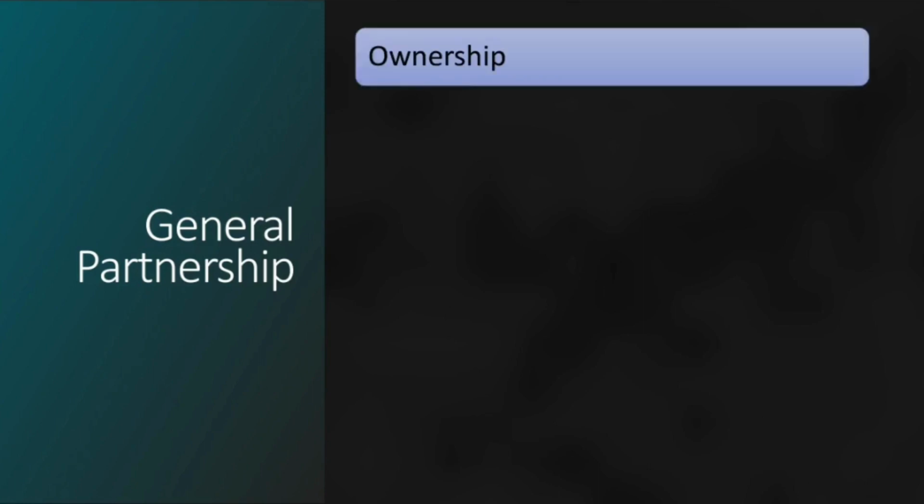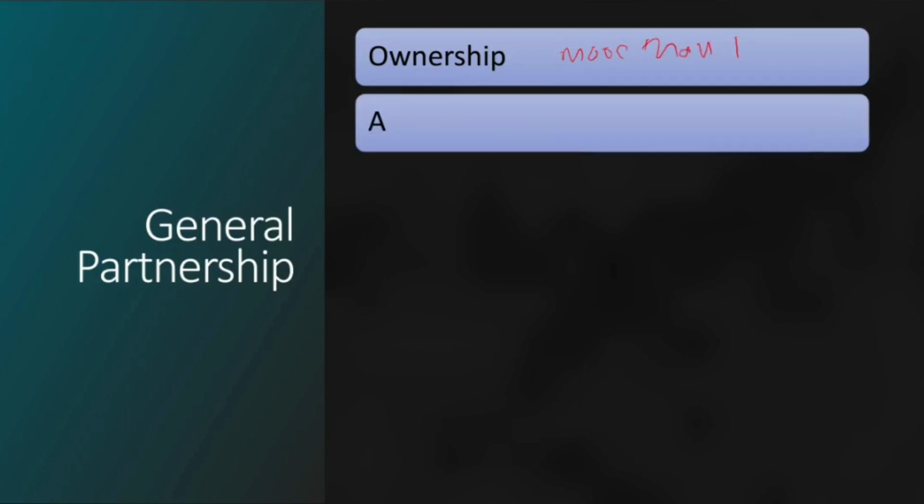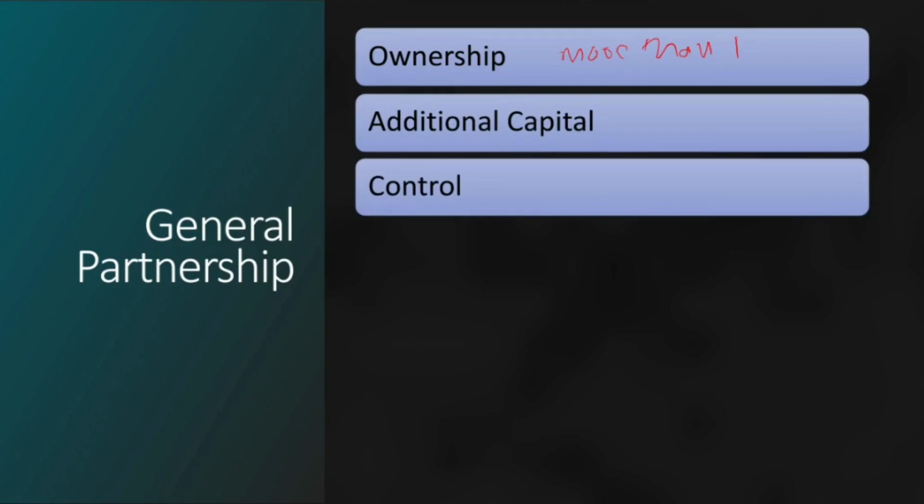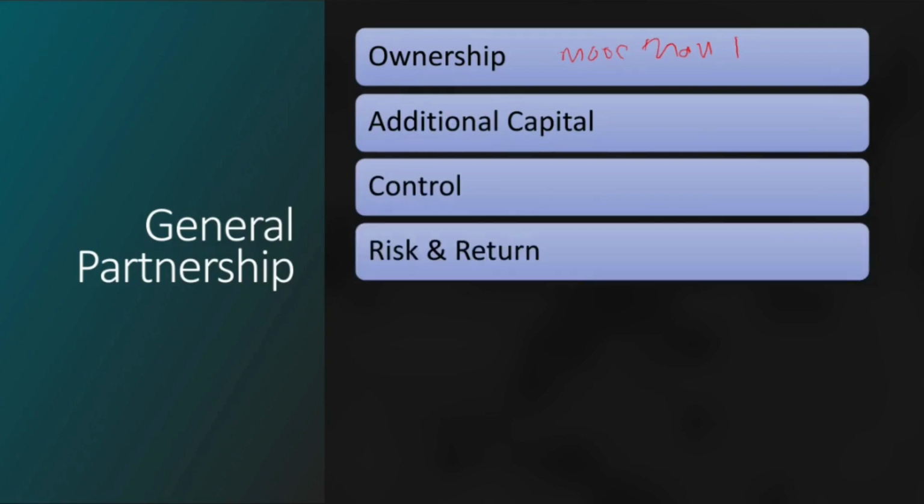These owners bring in additional capital for the business operations. Along with the additional capital, the partners also bring in their share of expertise. The partners share control over the business operations together. The risks and the returns are shared amongst the partners in agreed ratio and on agreed terms.